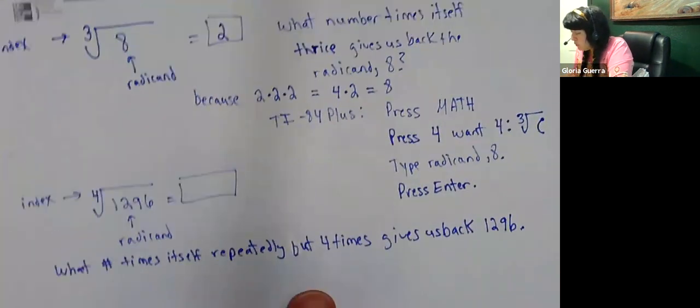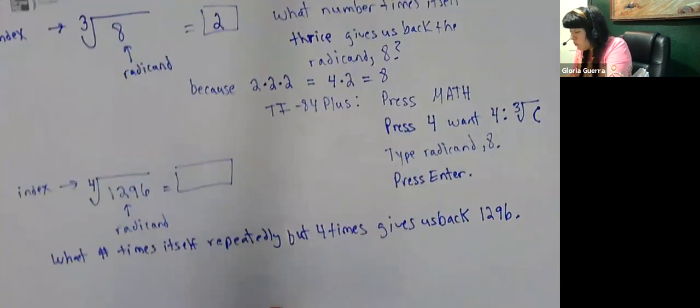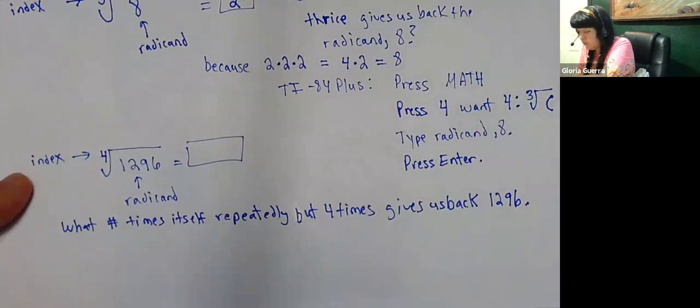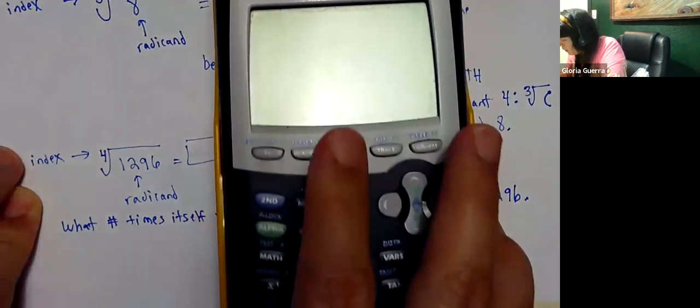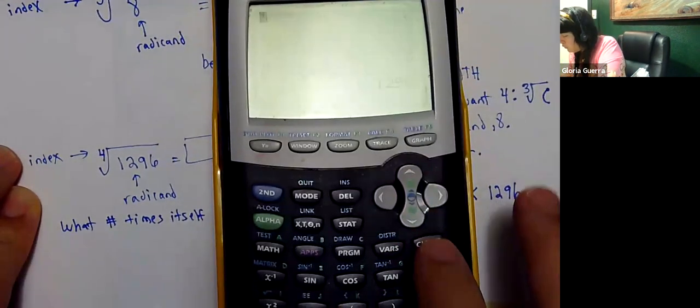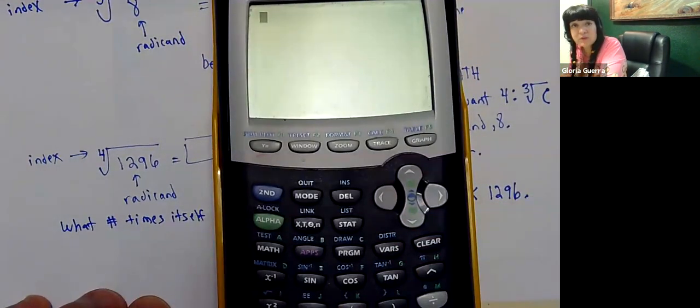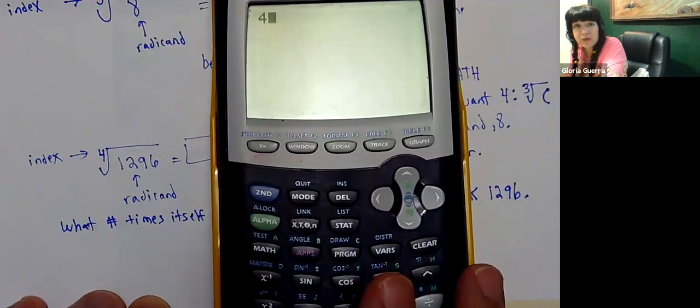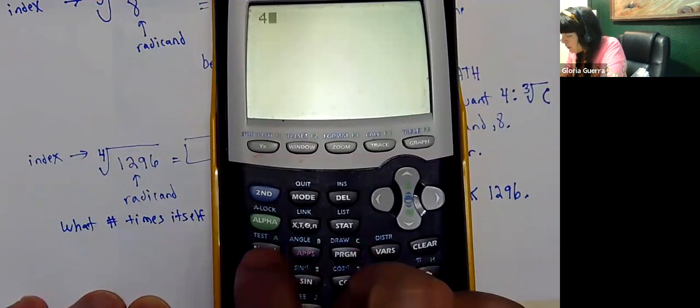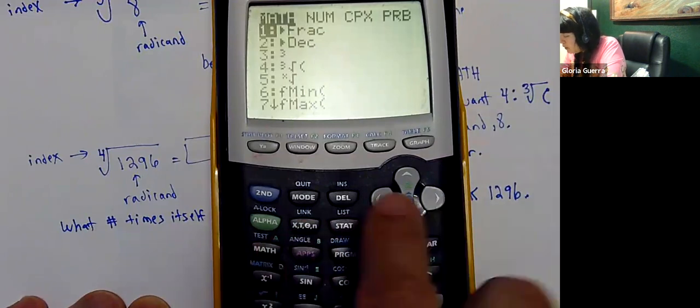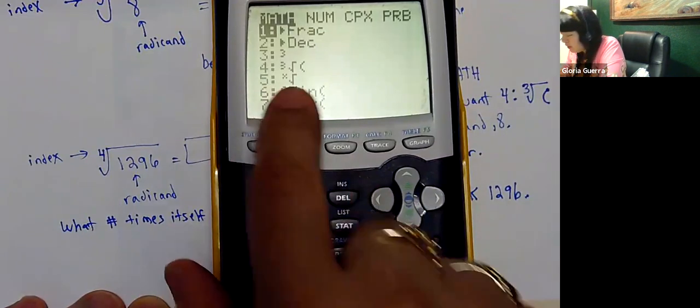Okay. So if I type this in, I have to type in that index 4 first, because the index is 4. So I type in 4, and then I go back to math, and then I go to number 5. See number 5?